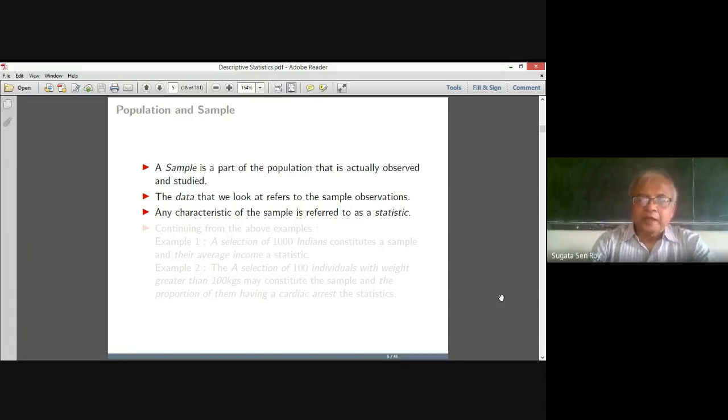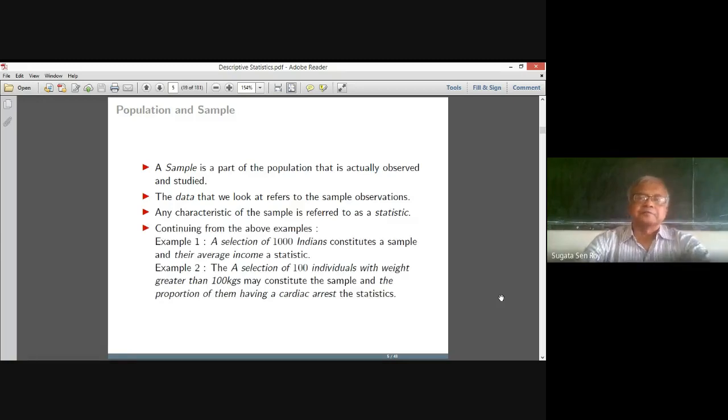Okay? So let me give you an example. We said that we want to find the average income of Indians, the per capita income of Indians. So what we do instead, we select 1000 Indians and say that this is my sample. So out of 1.3 billion, we select 1000 Indians.